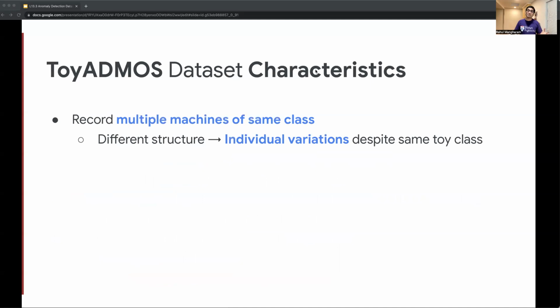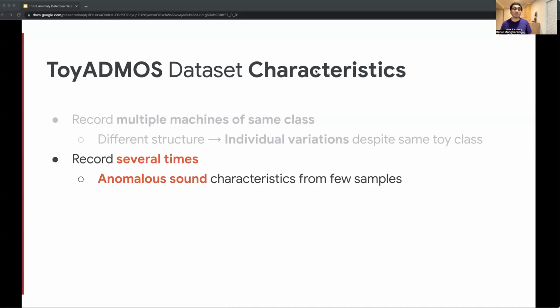And they also have multiple machines for each toy class. For example, they have multiple cars, multiple conveyors, multiple trains, and that leads to variations that are inherently there between different machines of the same type, which gives you lots of different sounds for the exact same type of machine. And the data is recorded several times.